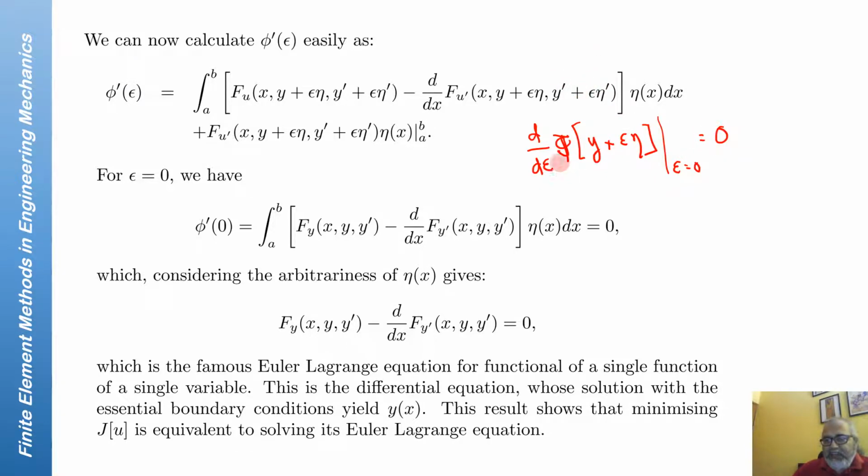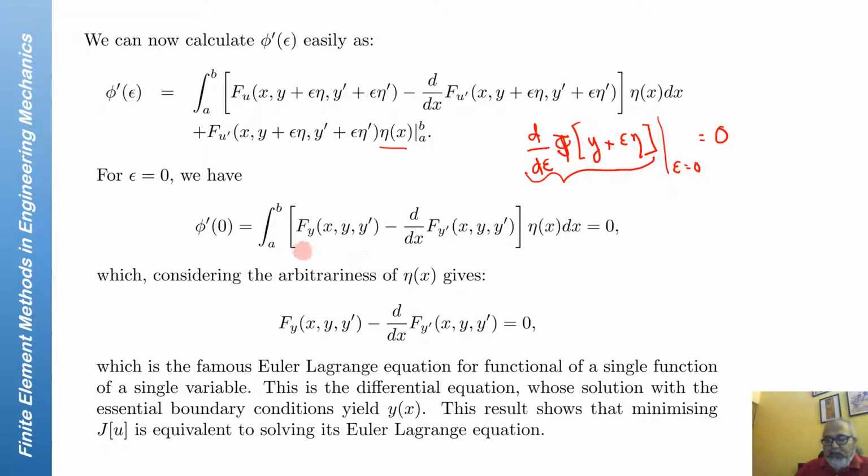So I calculate this quantity at ε equal to 0, and this is what I'll get, because all the epsilons here will go to 0, and this is what I will be left with. This will be 0 because η is equal to 0 at both a and b.